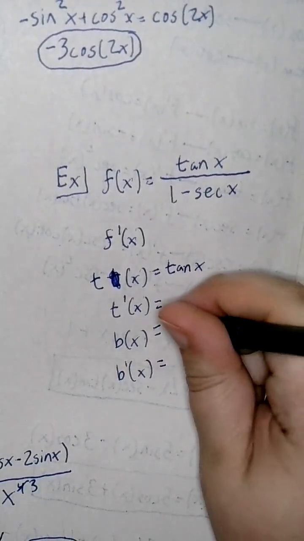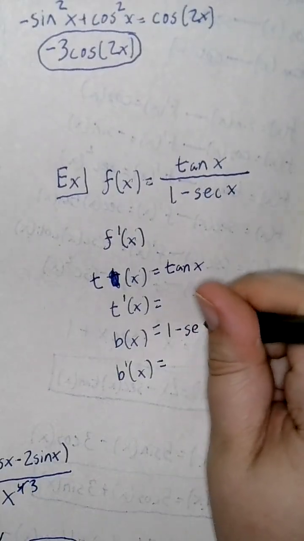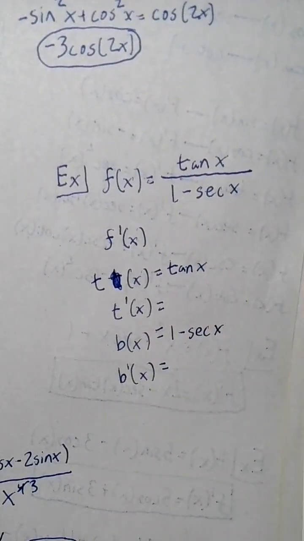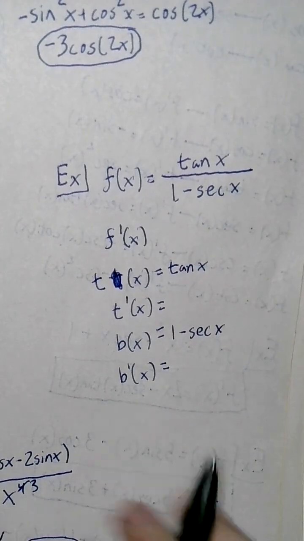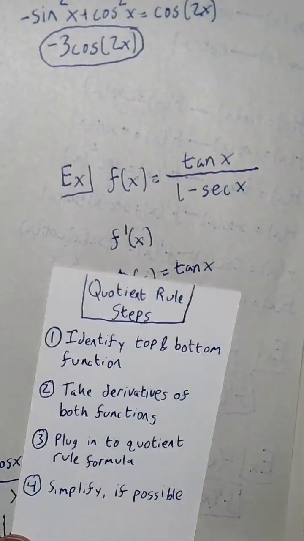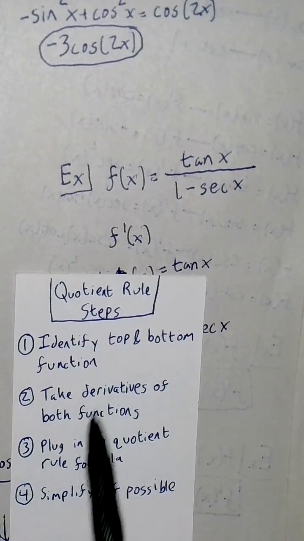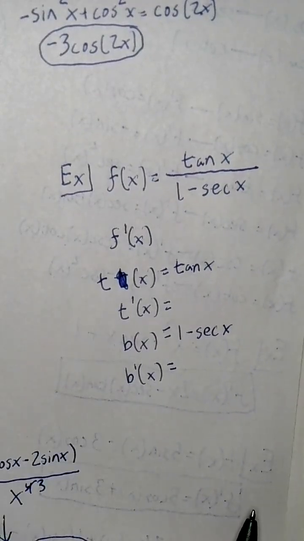My bottom function is this 1 minus secant. And now that I've identified the top and the bottom functions, let's take the derivative of both of them. Let's start with tangent. What's the derivative of tangent?